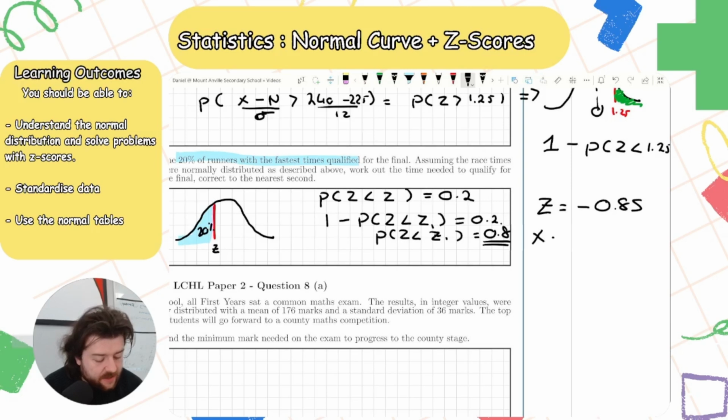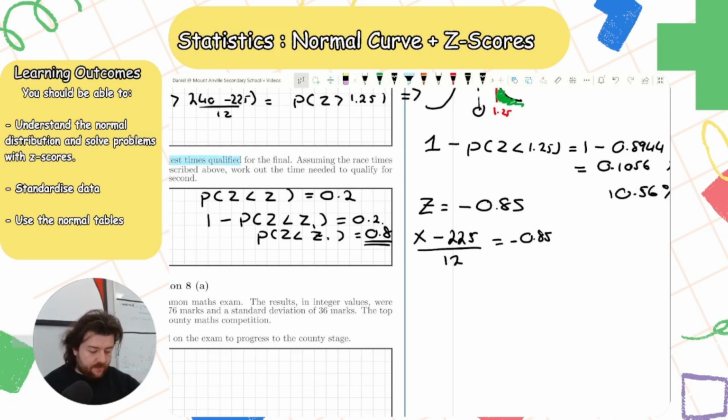So I know x minus the mean all over the standard deviation has to equal this. So multiply by 12, minus 0.85 times 12, plus 225.